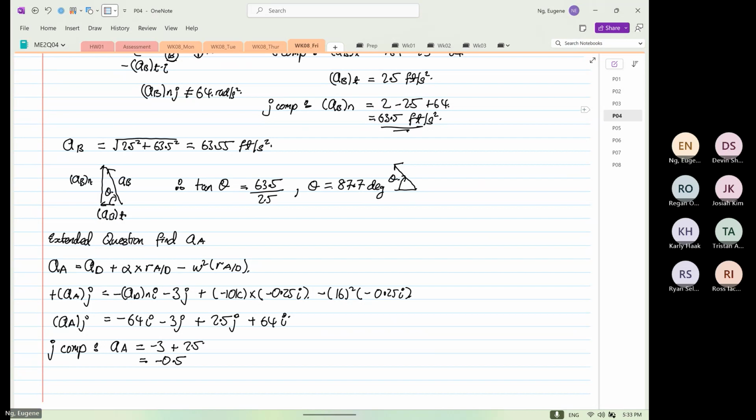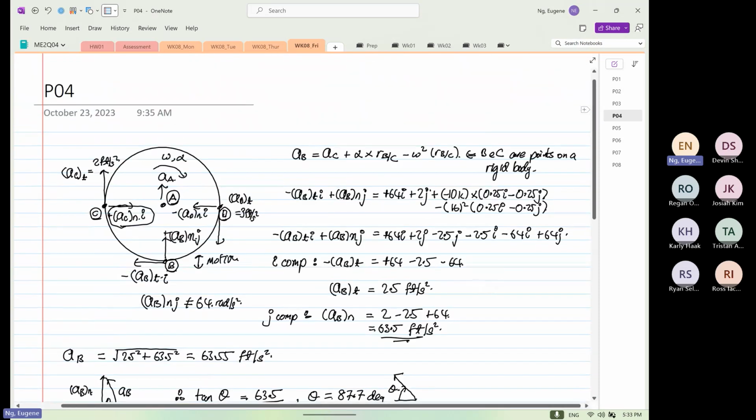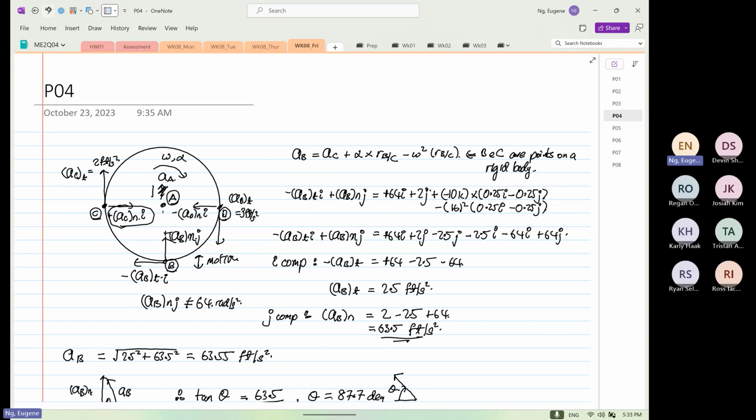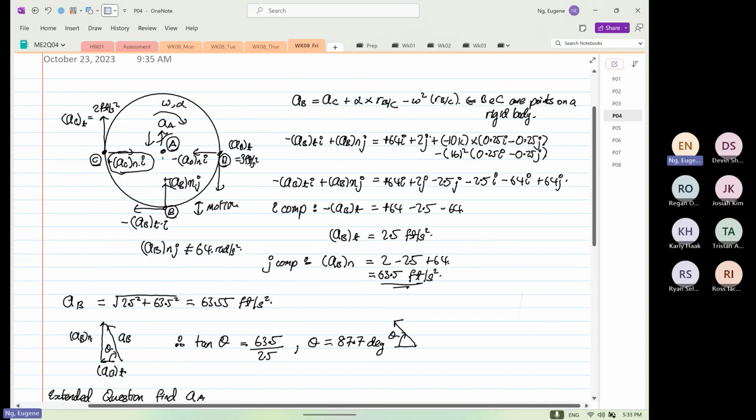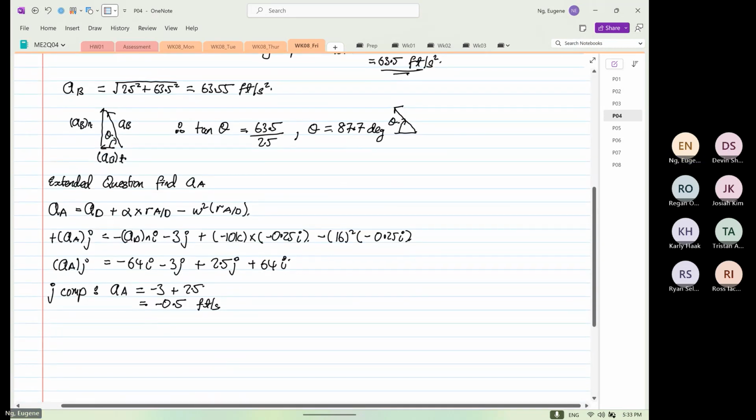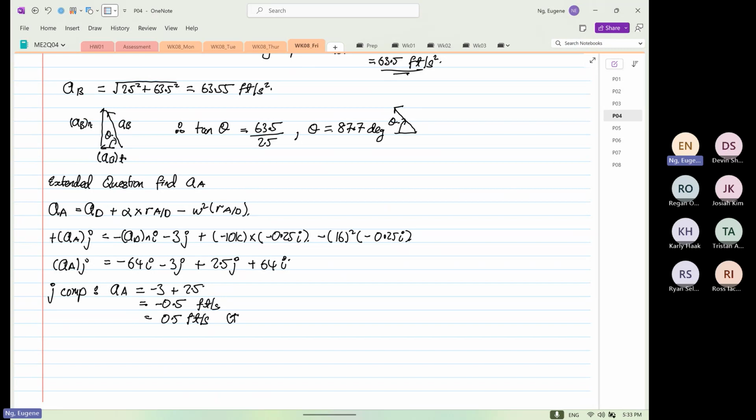There you go. So this is in feet per second squared. Why is it minus? Because I guessed wrong. So it's coming down. When it's wrong, you just cancel over here. So the acceleration is 0.5 feet per second squared, going down.